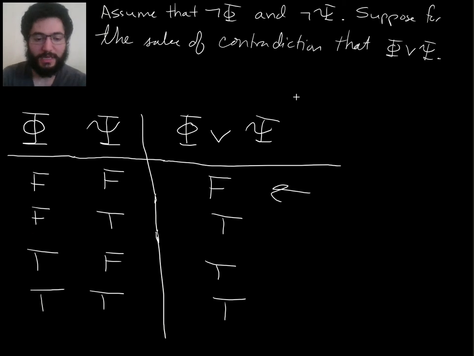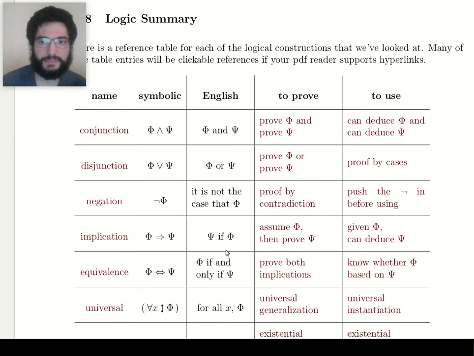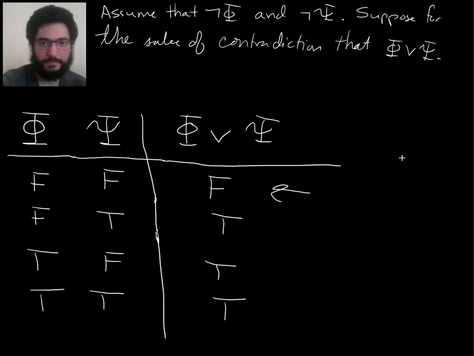Well, in case you ever forget, just check the table. Here is my table, and under OR, if I want to make use of an OR fact, I have to use proof by cases. So here there are two cases driven by this OR that I have. So this is a proof by cases inside the proof by contradiction.